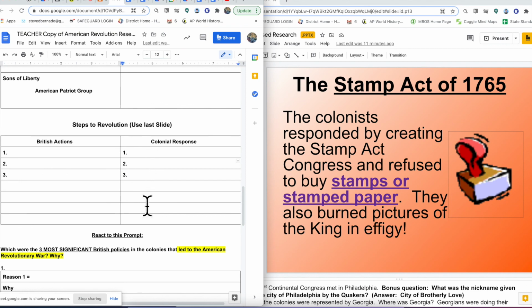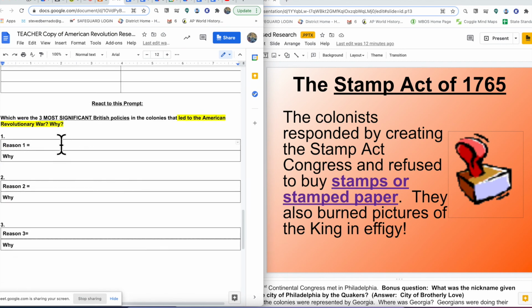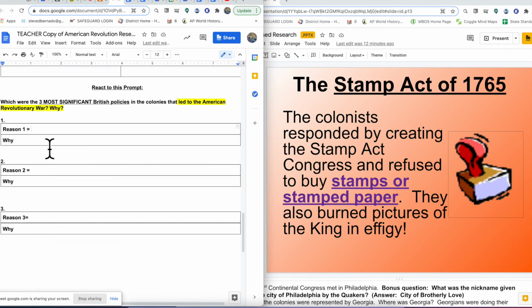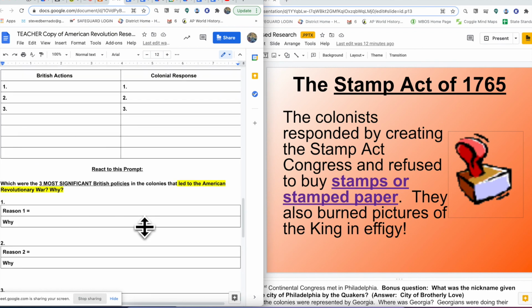Put the response here. Then when you come down here, put those 3 again. Reason number 1, you had it right here, British action, reason number 1, reason number 2, reason number 3, and then in your words explain why you think these are the 3 most unfair rules and laws that caused the American Revolution. Once you do that, you're done and you click turn in.